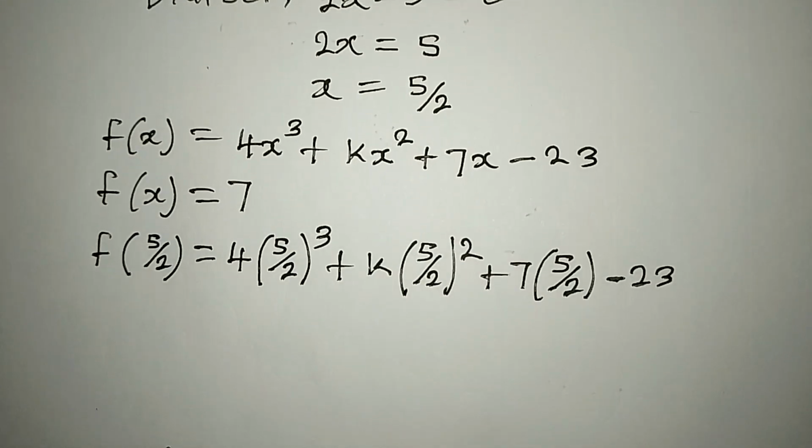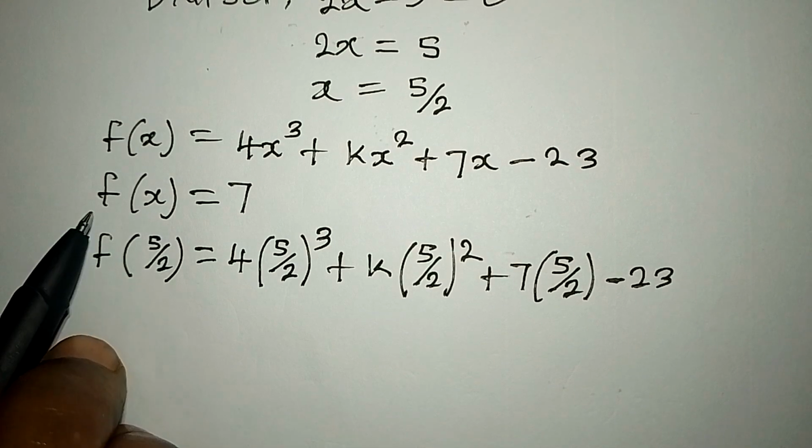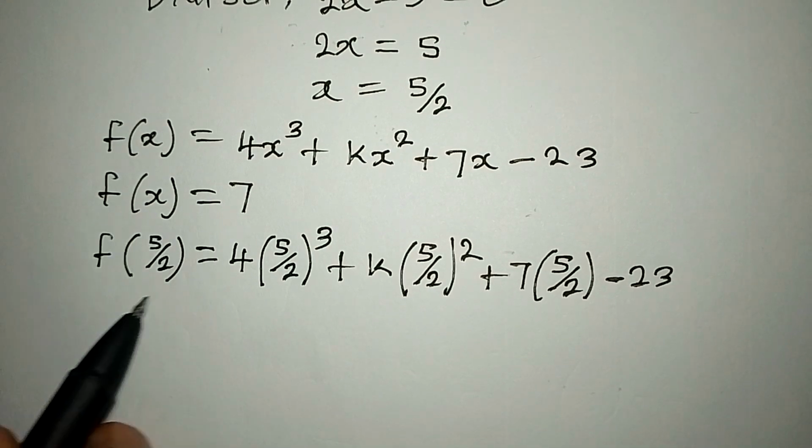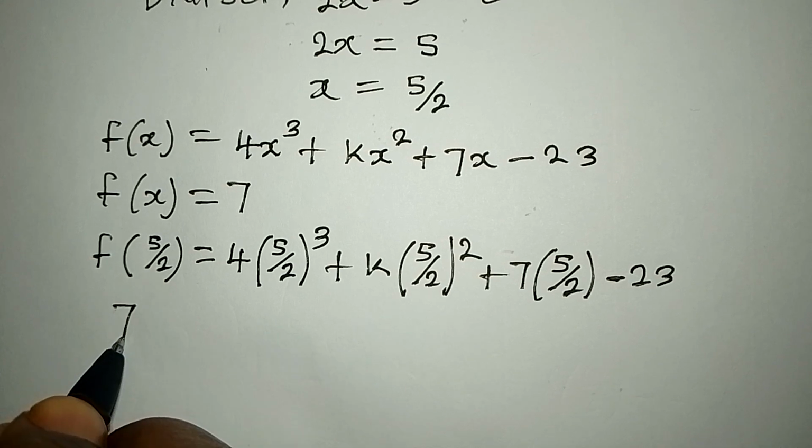So from here, the only unknown now is k. And mind you, our f of x is still equal to 7. So in place of f of 5 over 2, we are going to write the remainder, which is 7.